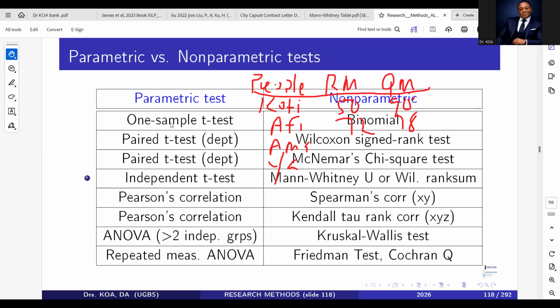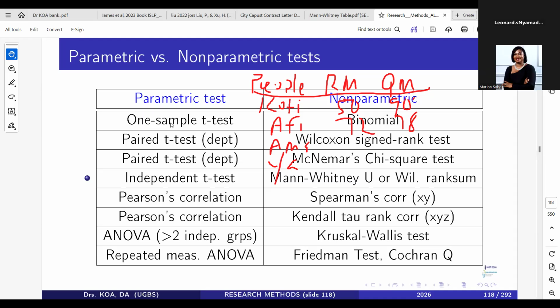But the subject is how many? Who can tell us? The subject is how many? Leonard? 2. Explain. Oh, did you say the subject is 2? That is incorrect. Marion?